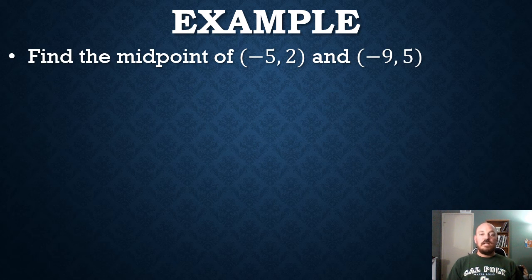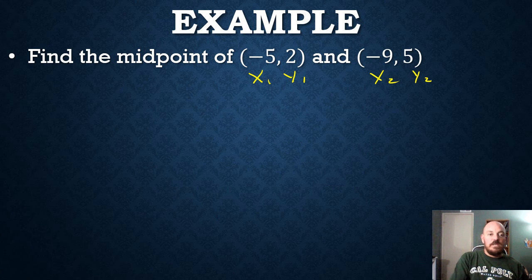Let's find the midpoint of (-5, 2) and (-9, 5). So let's label our points like we did with distance formula yesterday. Let's make the first one x1, y1, and the second one x2, y2.